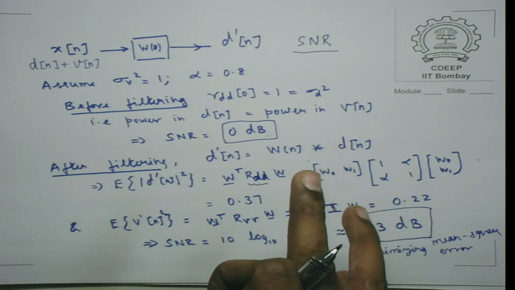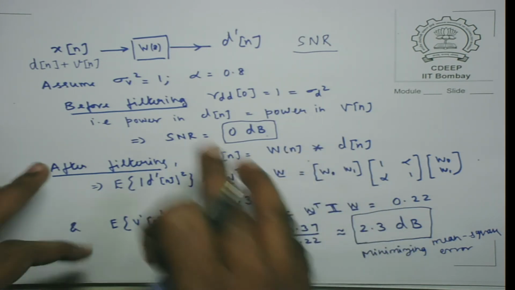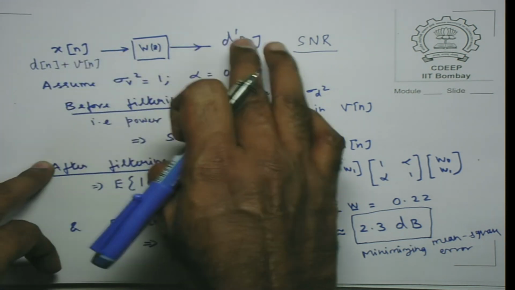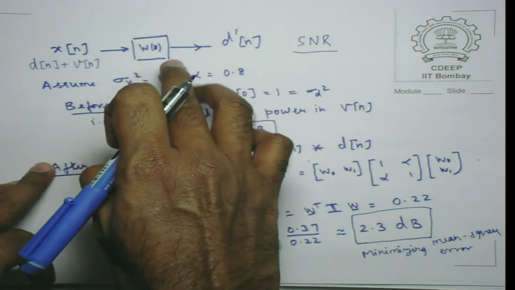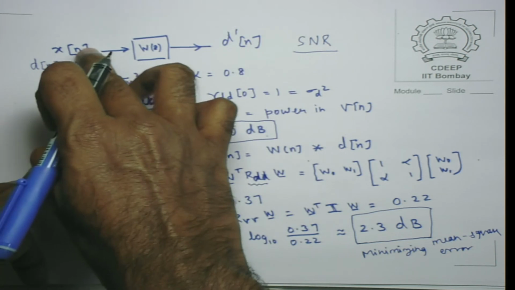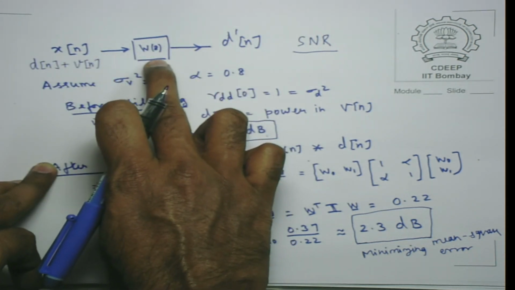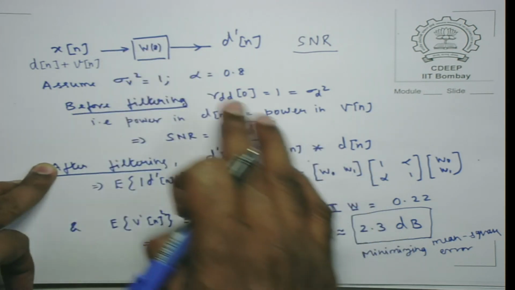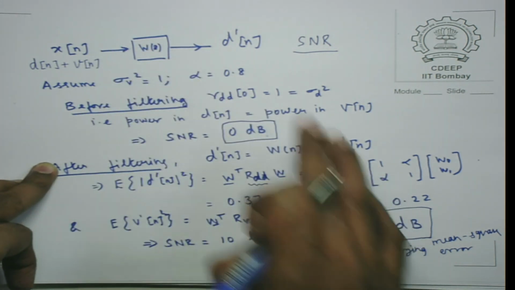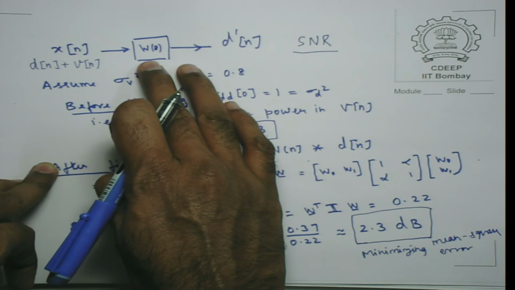Any of these problems would start with setting up what your x of n is, what your d of n is, how x of n and d of n are related, and what the length of the filter is that you are interested in. As in the discussions we have been having, W is essentially assumed to be an FIR filter.